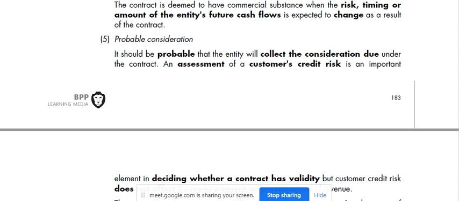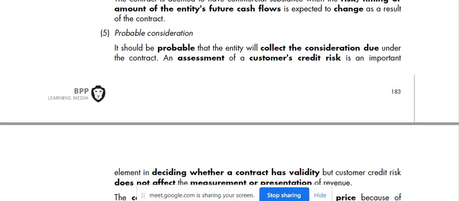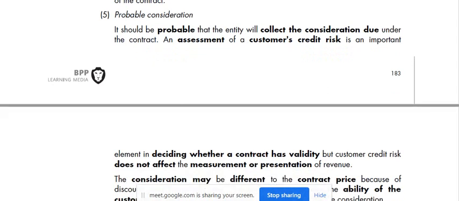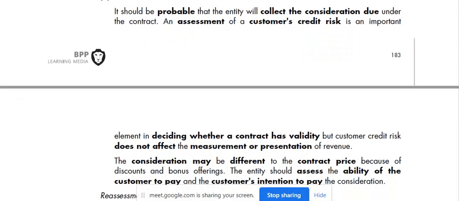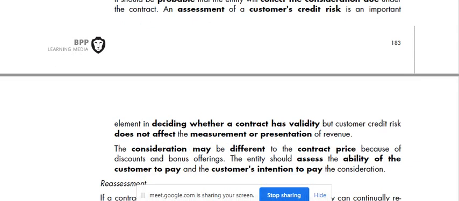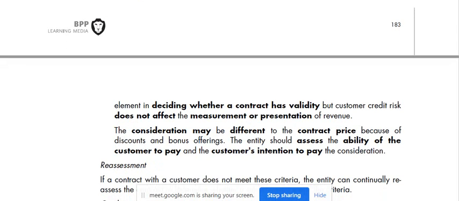Continue with 5. Probable consideration. It should be probable that the entity will collect the consideration due under the contract. An assessment of a customer's credit risk is an important element in deciding whether a contract has validity, but customer credit risk does not affect the measurement or presentation of revenue.